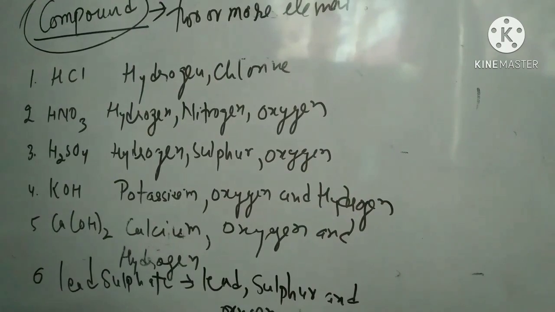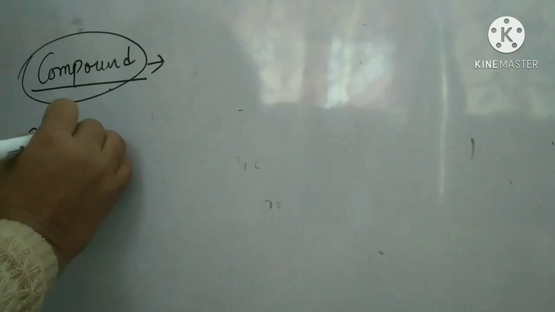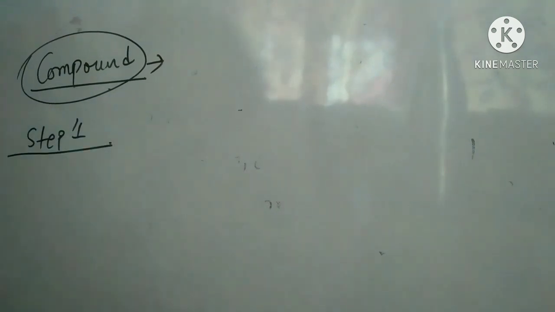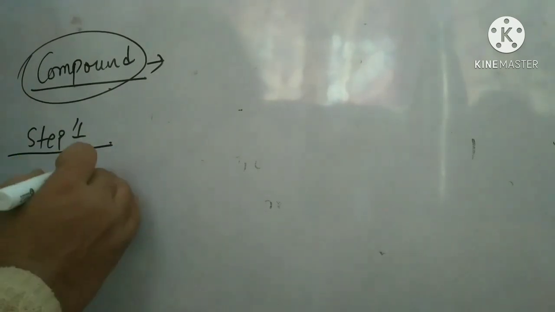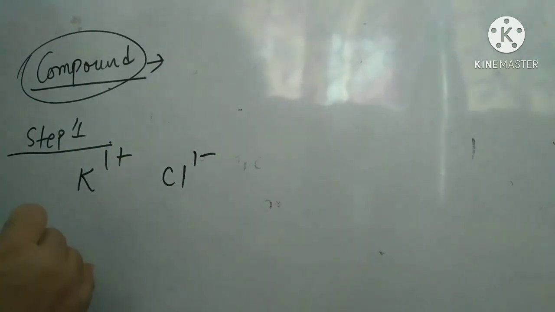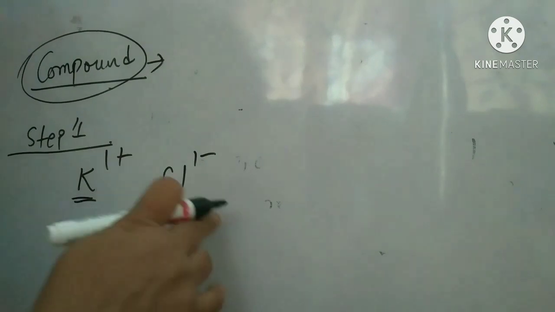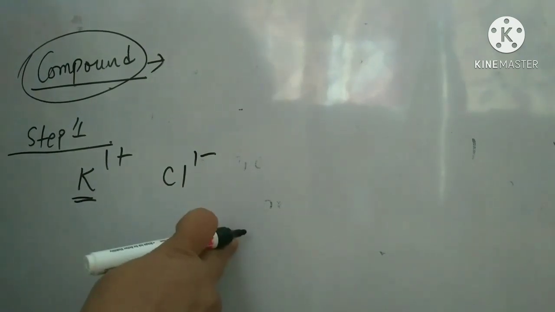Now how to write the formula of a chemical? Write the symbol of the positive atom or radical on the left side and the symbol of the negative atom or radical on the right side. Now if it is potassium chloride, this is the positive atom and this is the negative atom.